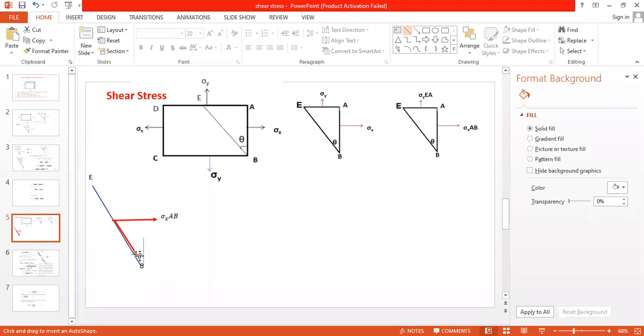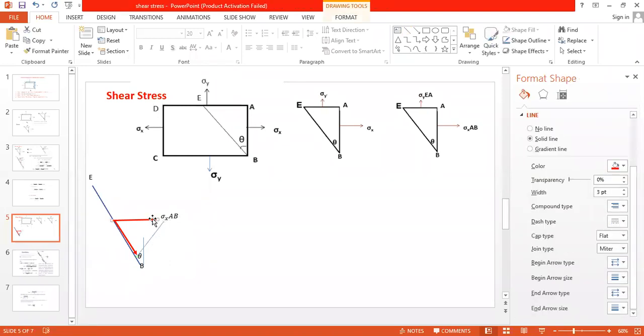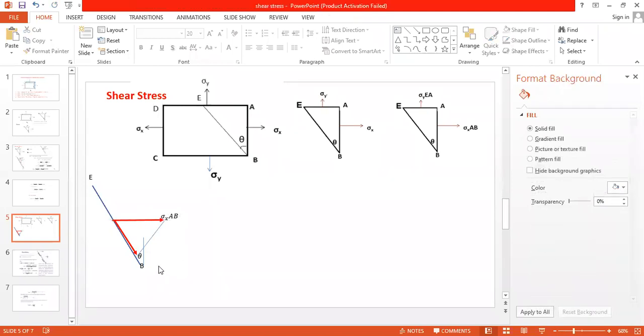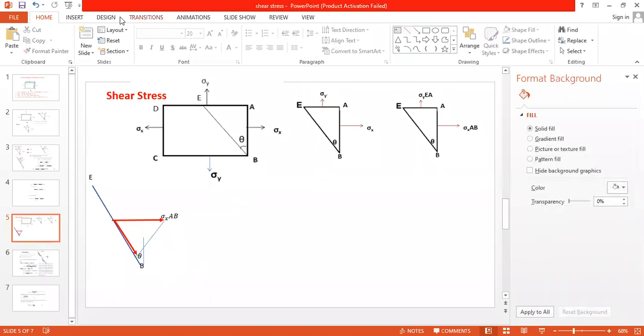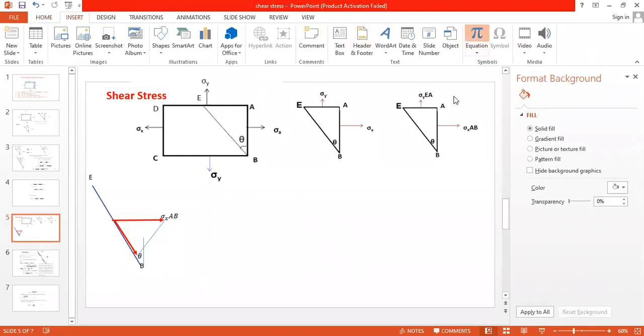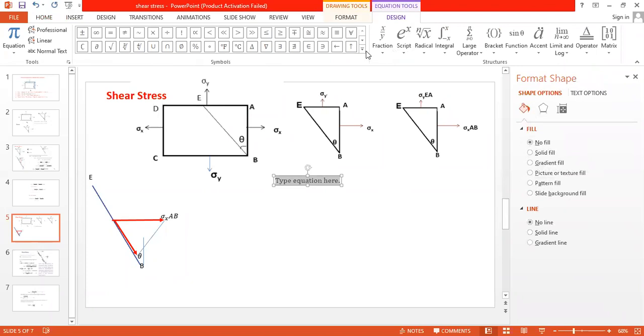Already we have seen. Now when I draw the perpendicular from here, and when I extend this one, you see here, this angle is 90 degree. Here it is 90 degree. And this angle, I will show you, theta.